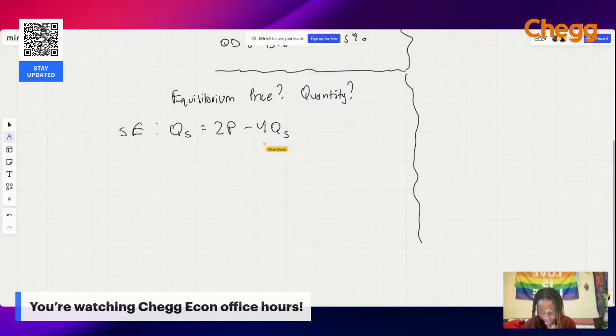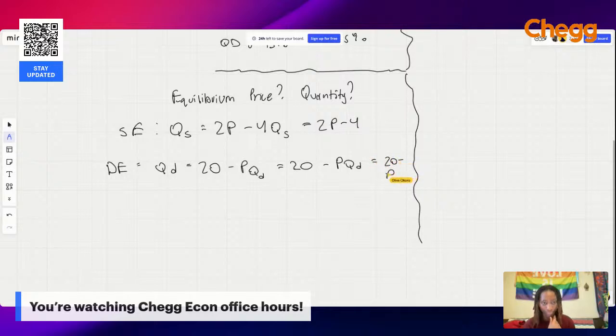And the demand equation is going to be quantity demanded equals 20 minus P. QD equals 20 minus P.